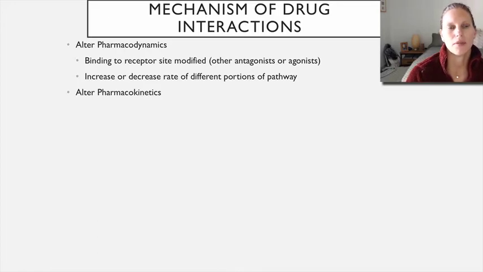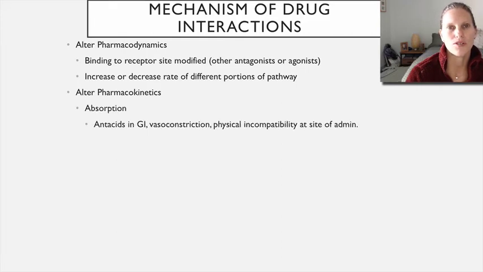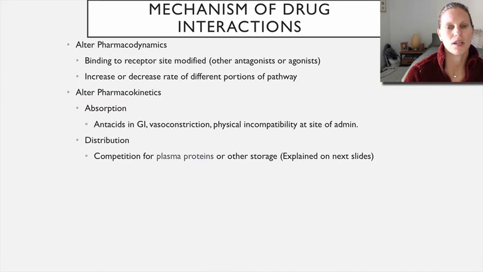They might increase or decrease different portions of a metabolic pathway, changing the way that drug is effective. They might alter pharmacokinetics, meaning they change absorption, and that could happen when you change the pH of the stomach. It can happen when somebody's got a lot of vasoconstrictors on board, those kinds of things. Then there's the distribution thing.